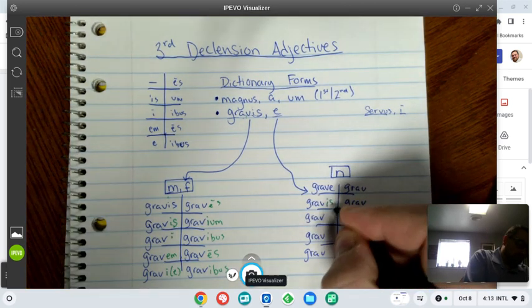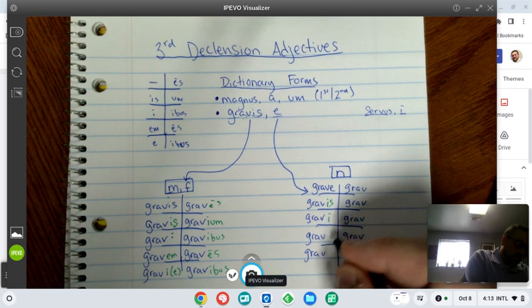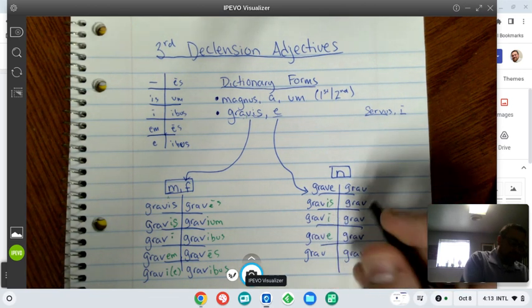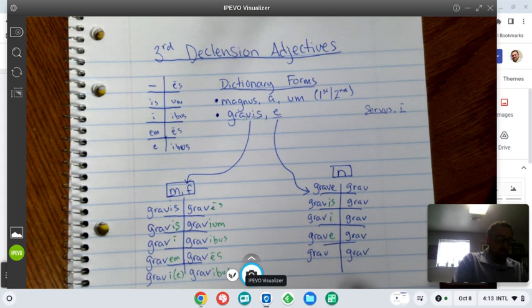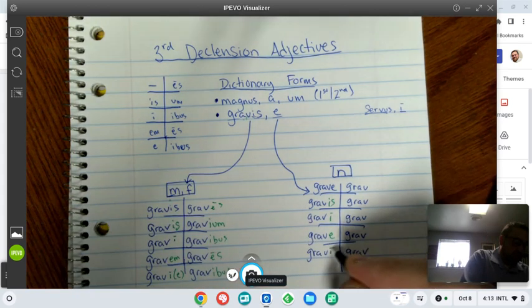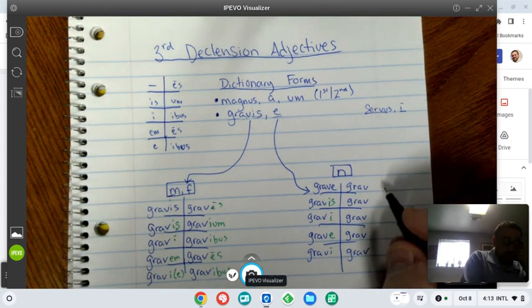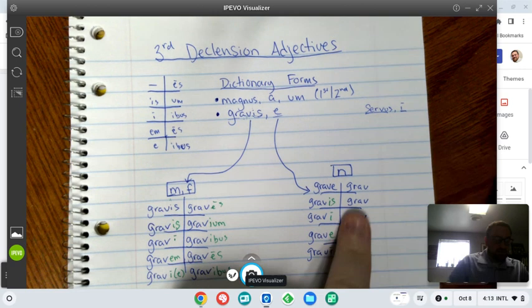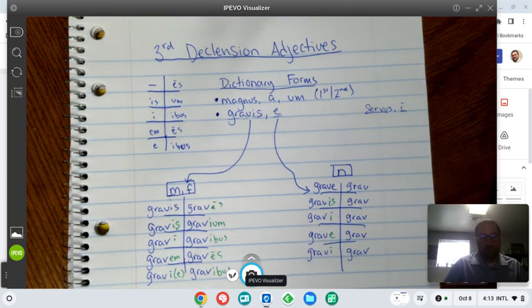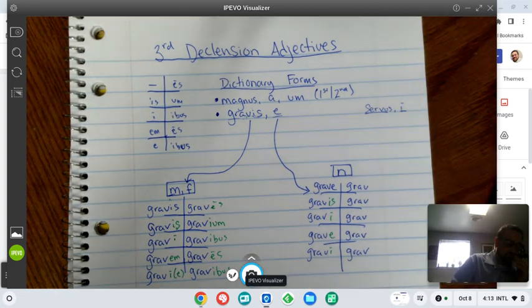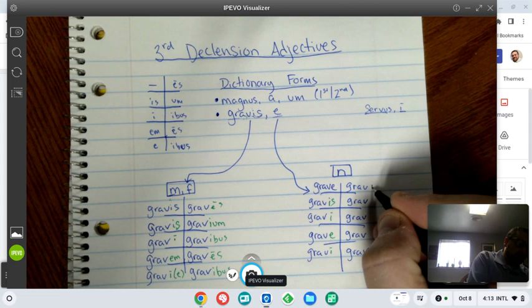So we have gravis, gravi, grave again here so that we can have nominative and accusative be the same, and then gravi, sometimes grave. Now, instead of ace, we have an ending a for neuter words. Except, here's another I stem difference that you're going to need to know while we're doing third declension. Instead of just grava, it's going to be gravia.